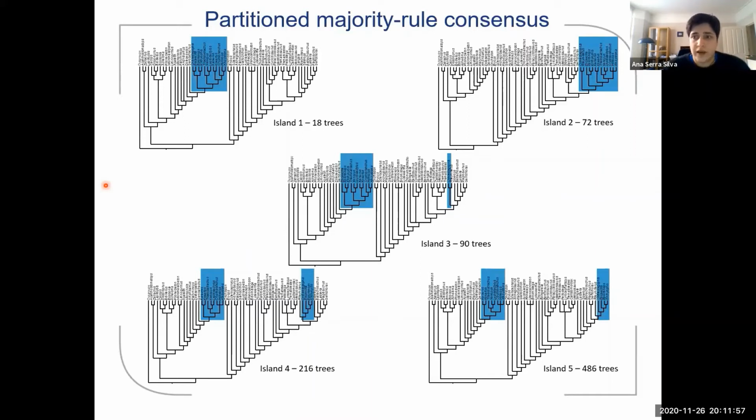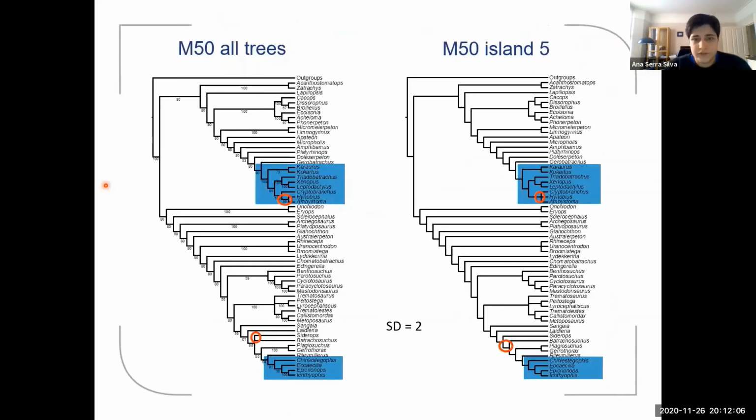Before showing you how we do the consensus under the island equiprobability assumption, I just want to convince you that this is indeed a problem of large island bias, because the symmetric difference between the majority rule consensus of all most parsimonious trees and of the largest island is 2. So these are, for all intents and purposes, the same consensus.